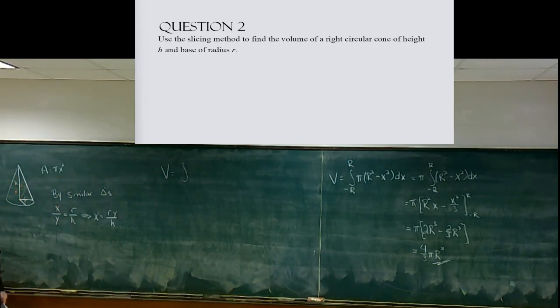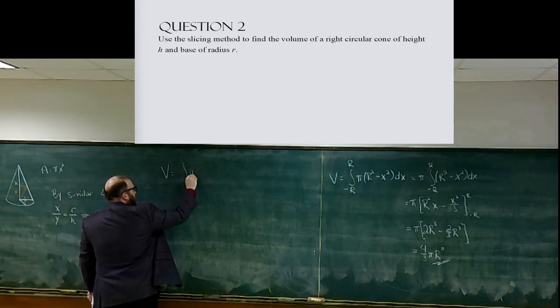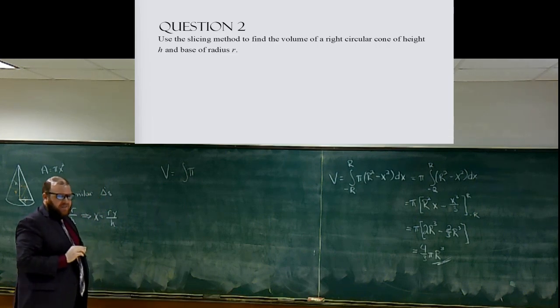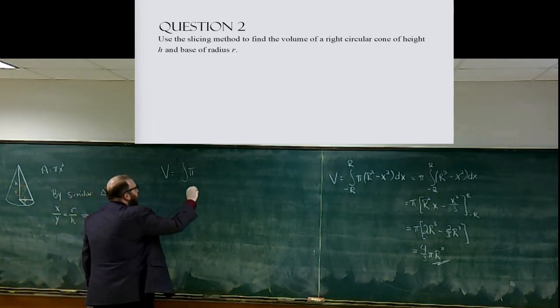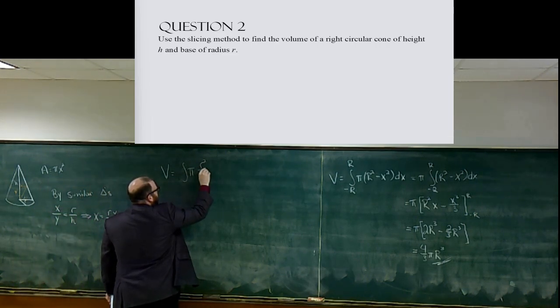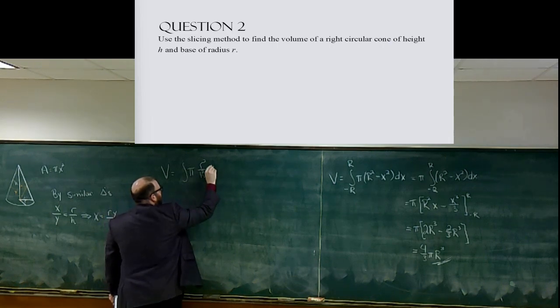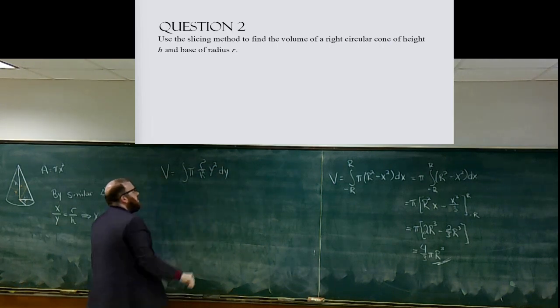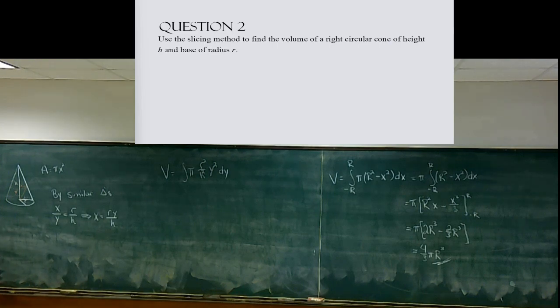So volume is the integral of this cross section, pi x squared. X squared is r squared over h squared times y squared. Then we're integrating that with respect to y.